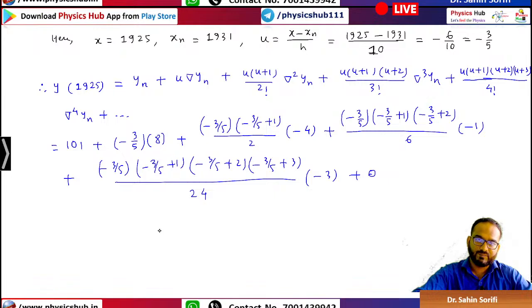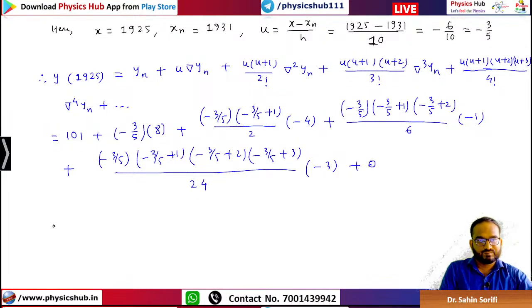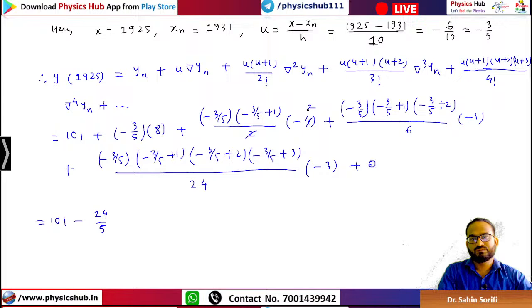Okay, now we just need to simplify and calculate. First term 101 minus 24, and you see 2 and this 2, minus minus plus, so 3 by 5, 1 minus 3 by 5 is 2 by 5, multiplied by 2.